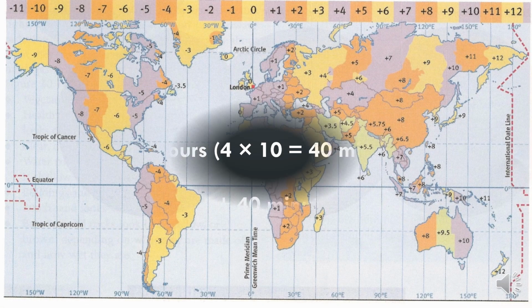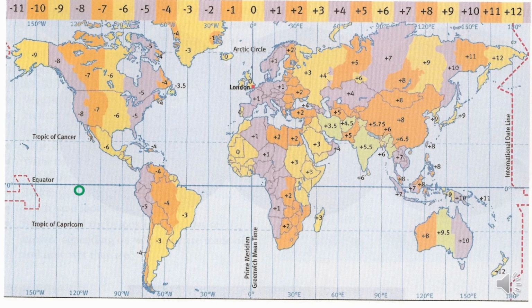So let us justify this. On our chart, we have here 120 degrees west and 50 degrees west. Because we want to know what time it is at 50 degrees west, we are moving from 120 degrees west in an easterly direction towards 50 degrees west. If we're moving east from 120 degrees west to 50 degrees west, it means that we are gaining time.